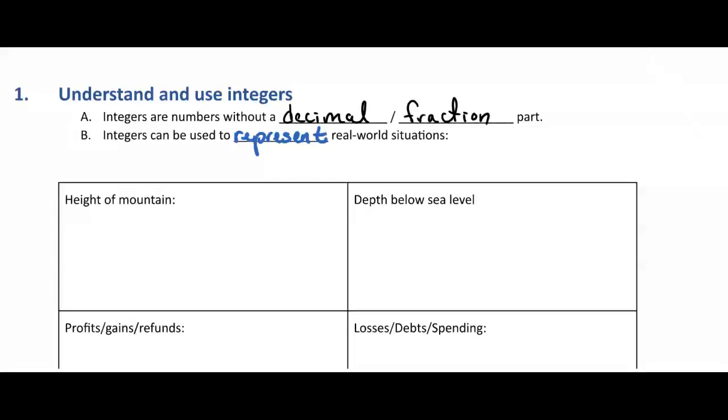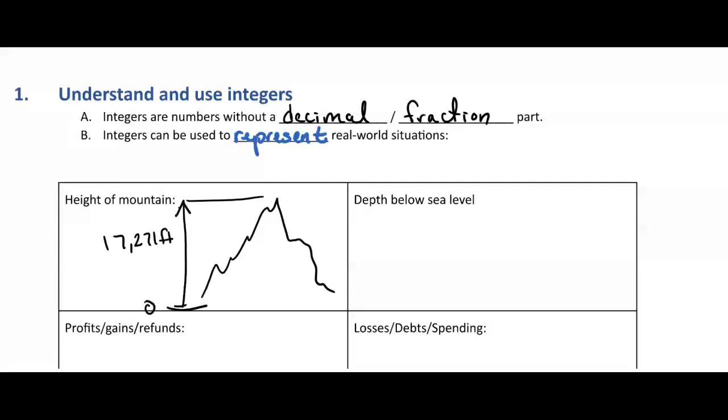Some example situations. The height of a mountain. From here to here, maybe that's 1,700 and, well, that's not really a mountain. 17,000, that's maybe larger than Everest, but 271 feet. In this case, since the height is up from my 0, that would be a positive integer.